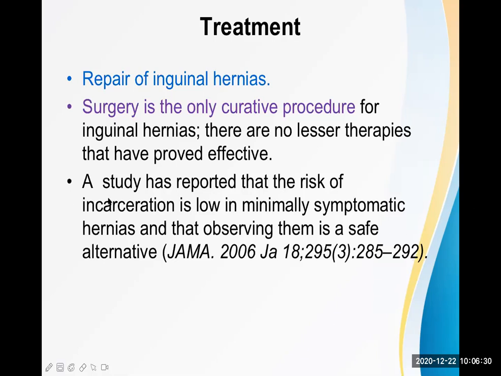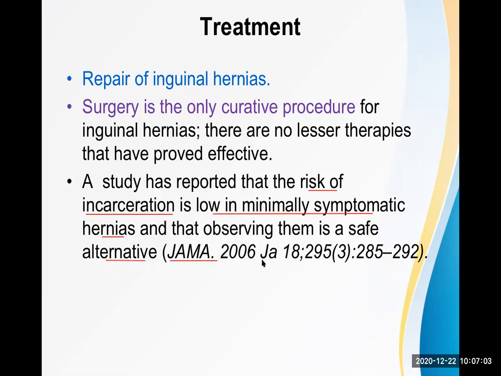Now, see this. A study published in JAMA, a renowned journal, has reported that the risk of incarceration, meaning obstruction, is low in minimally symptomatic hernia and that observing them is a safe alternative.